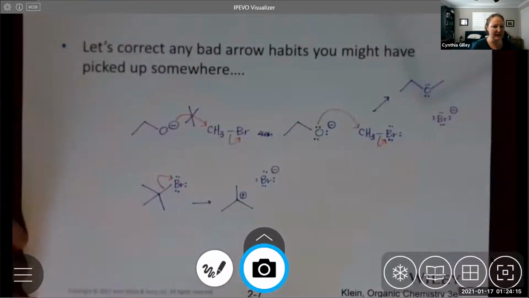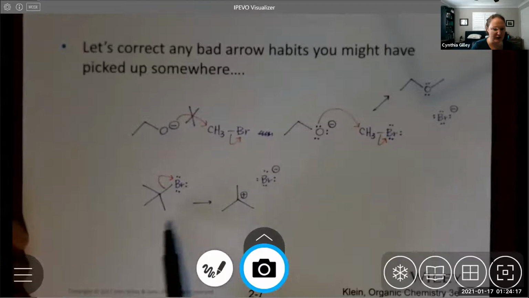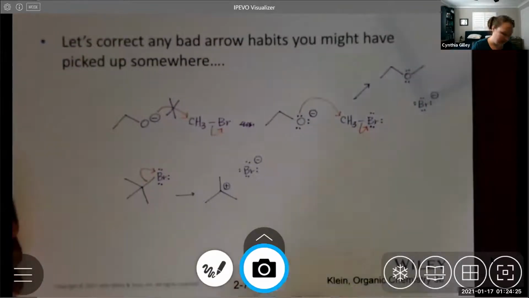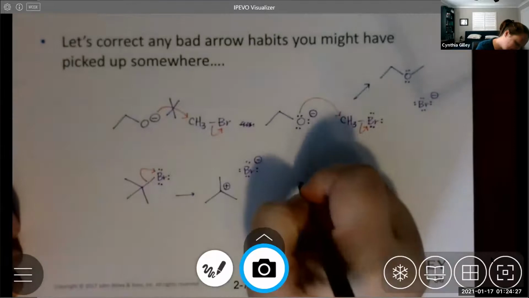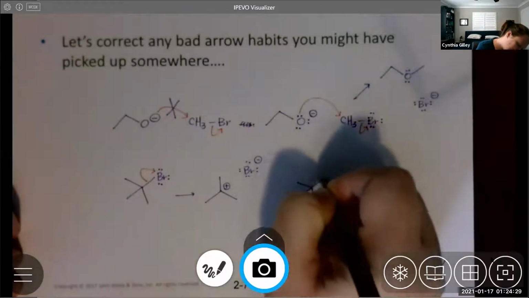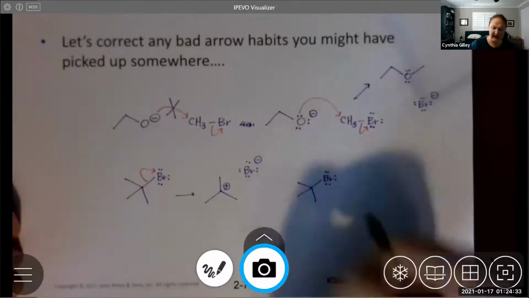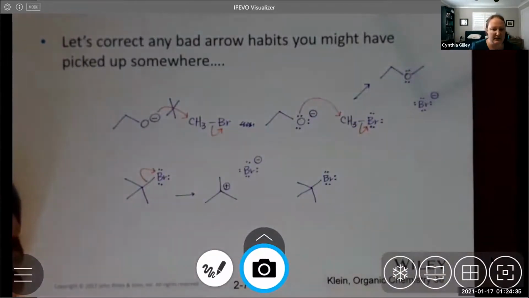Okay, going back to this, this is the proper way to show the loss of a leaving group with the properly drawn arrow. But how would some people draw this in a way that I would consider incorrect? Sometimes people will mess up the arrow head, and sometimes even the arrow tail.